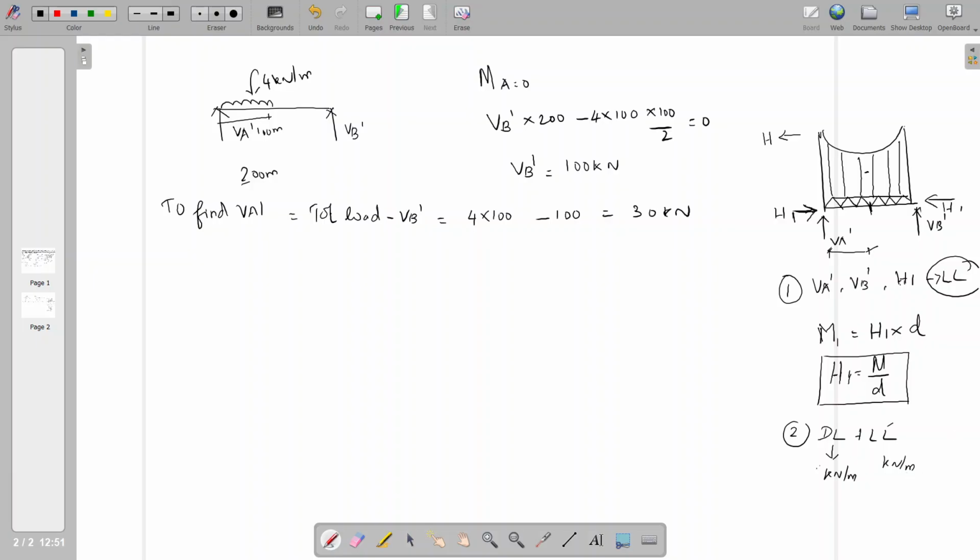But here the live load is only acting over a half region. We should not take it as equivalent UDL throughout the span. It will be reflected in the solution answer. It will give some difference of value when calculating the live load as an equivalent UDL, or when the live load is considered as the actual load.